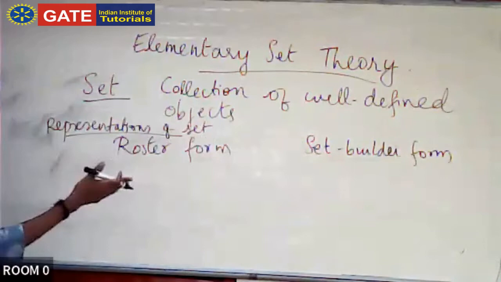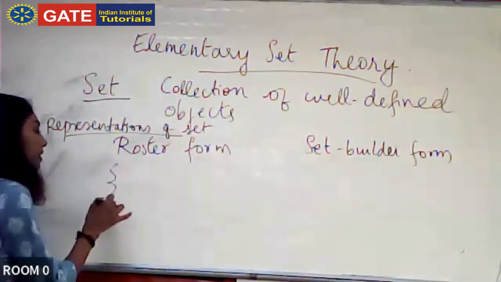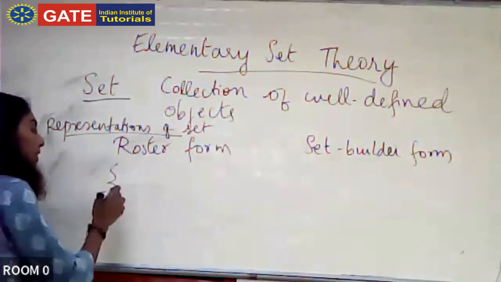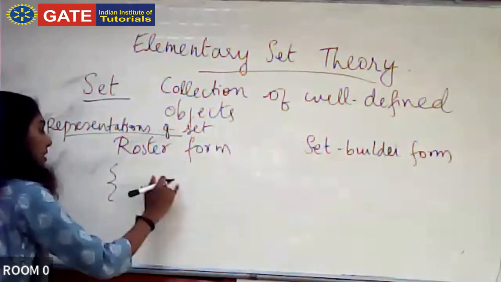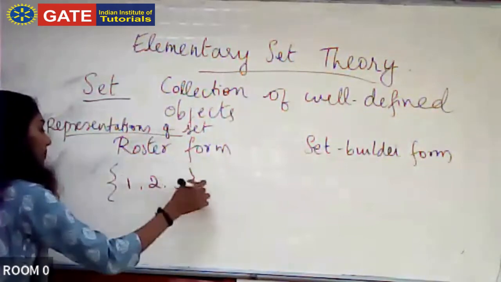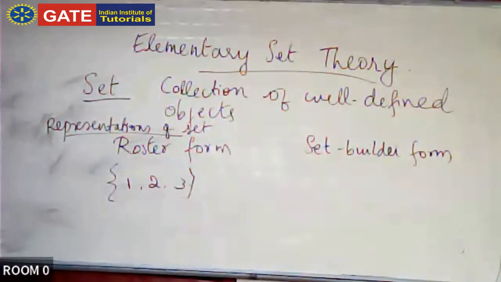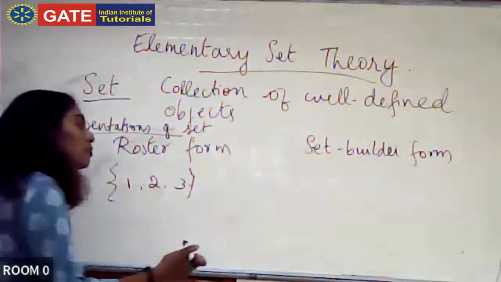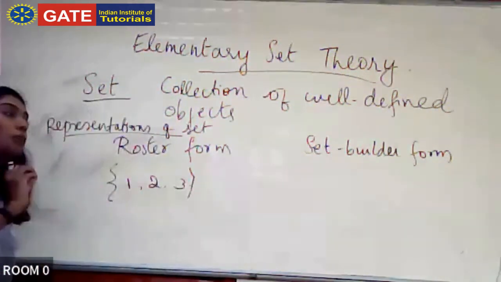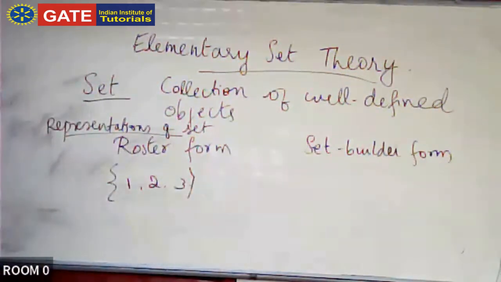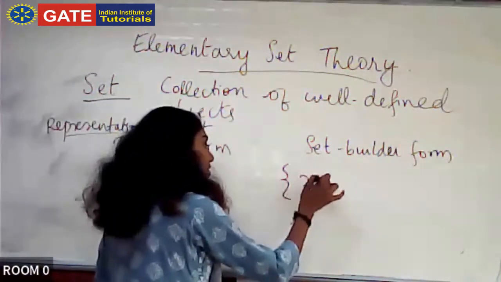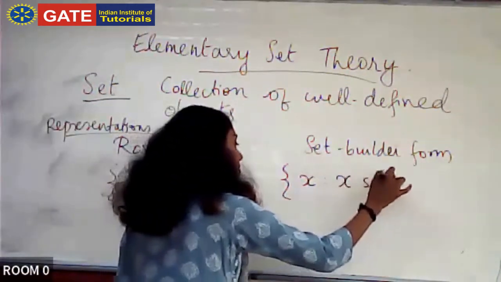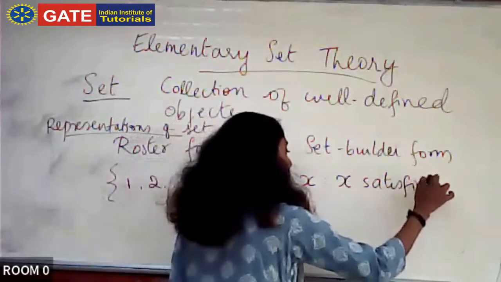Roster form representation means when we list out all the elements separated by commas, for example 1, 2, 3. And set builder form representation means we won't write down every element, but we will give a general form of the elements. Like I will express it as set of all x such that x satisfies a given condition.